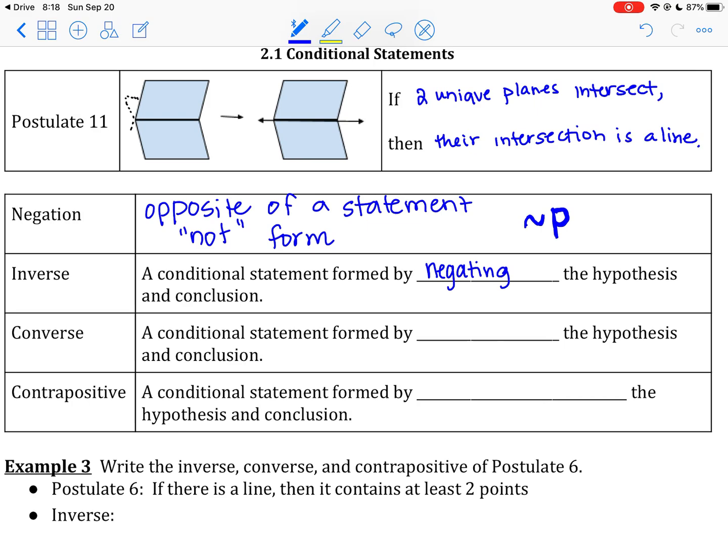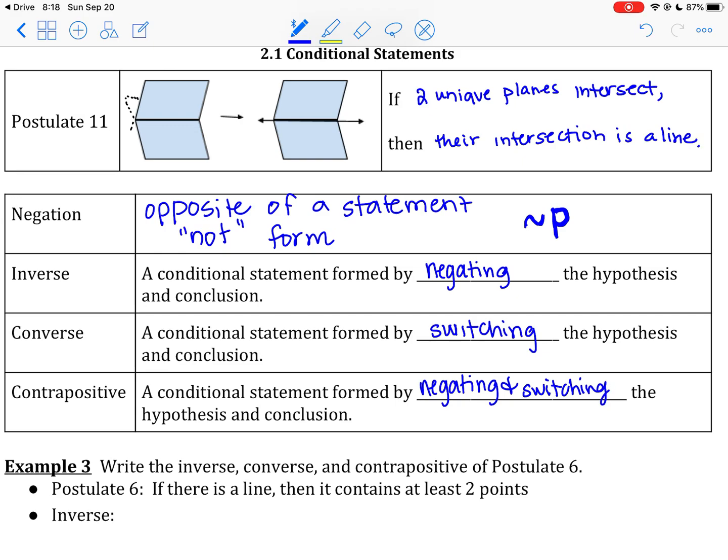All right, the next one is the converse, and the converse is formed by switching the hypothesis and conclusion. So we're just going to flip the order. The then is going to become the if, and the if becomes the then. And for the contrapositive, that's going to be a conditional statement formed by negating and switching the hypothesis and conclusion.